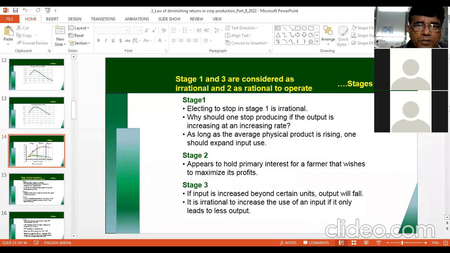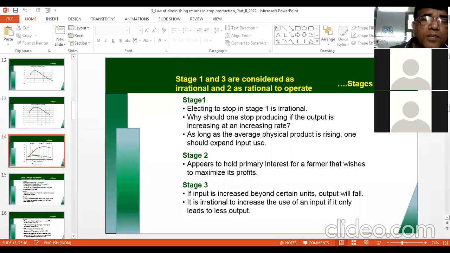Electing to stop in stage 1 is irrational. One should not stop here, because why should one stop producing if the output is increasing at an increasing rate? As long as the average physical product is rising, one should expand input use. Stage 2 appears to hold primary interest for a farmer who wishes to maximize profit.